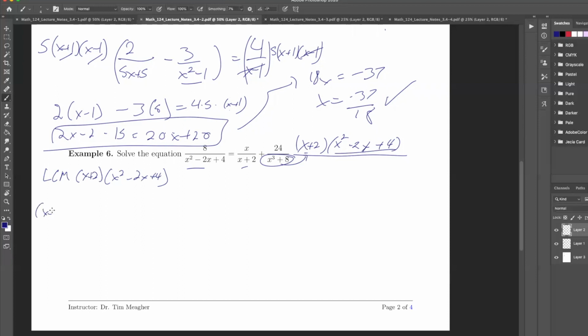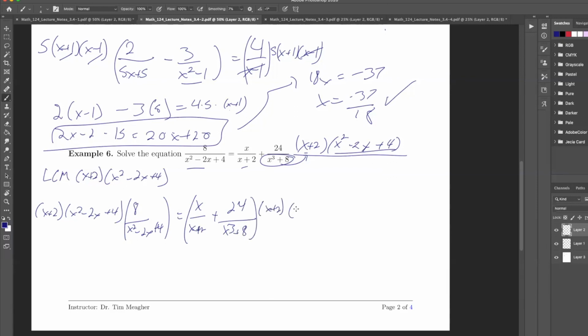So we have x plus 2, x squared minus 2x plus 4, times 8 over x squared minus 2x plus 4, equals x over x plus 2, plus 24 over x cubed plus 8, times x plus 2, x squared minus 2x plus 4.